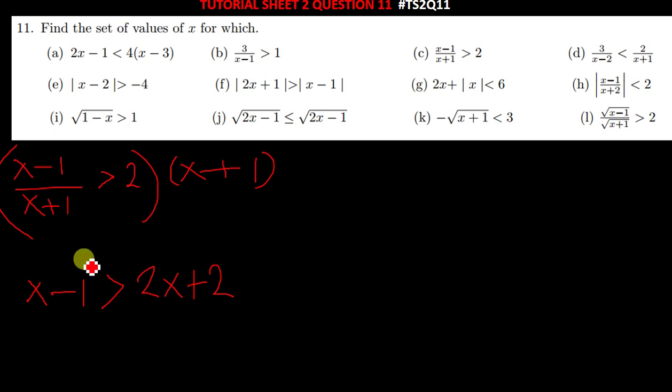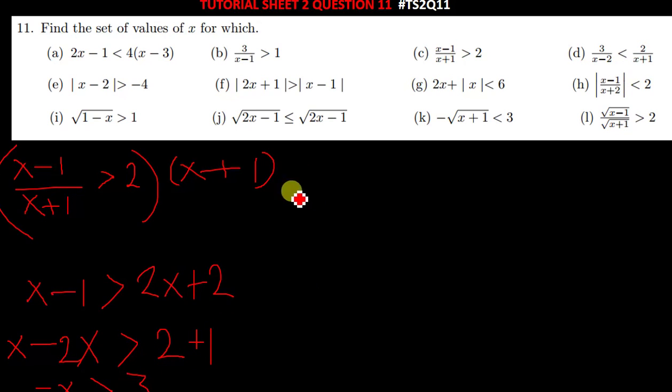So here we just pair the like terms, we have x minus 2x and then greater than 2 plus 1. X minus 2x, you get negative x, and then this is greater than 3.